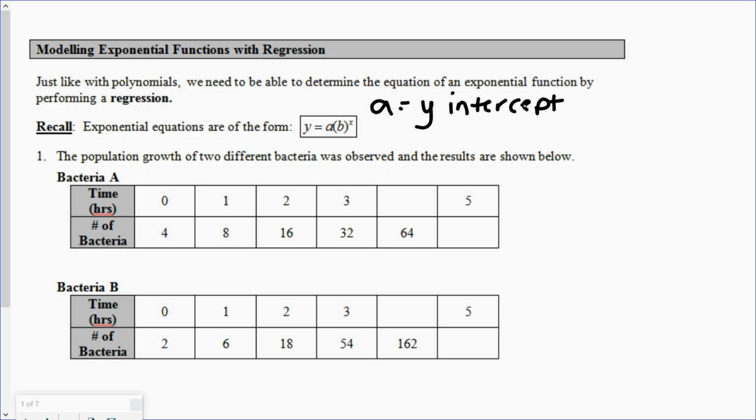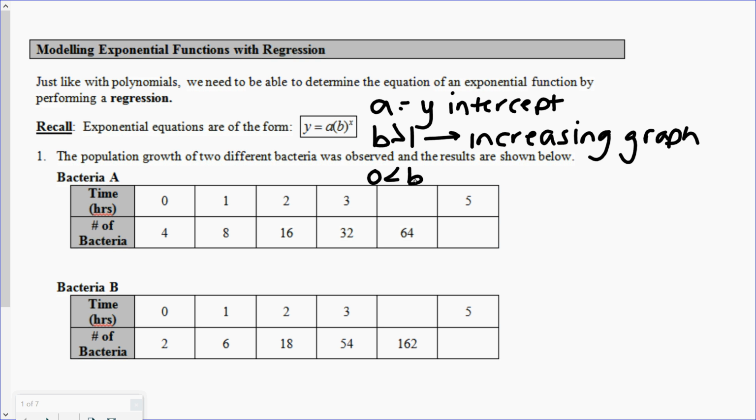And for the b value, if b is greater than 1, it's an increasing graph. If b is a decimal between 0 and 1, it's going to be a decreasing graph.